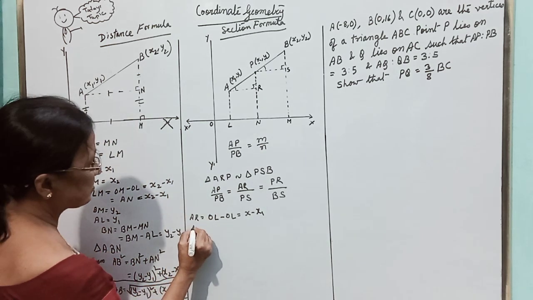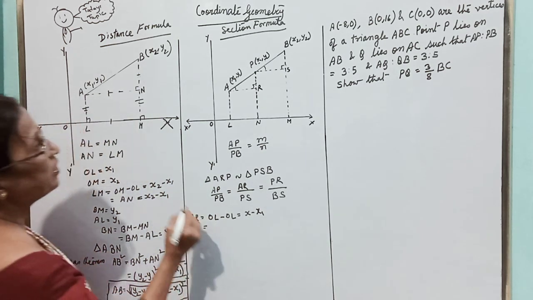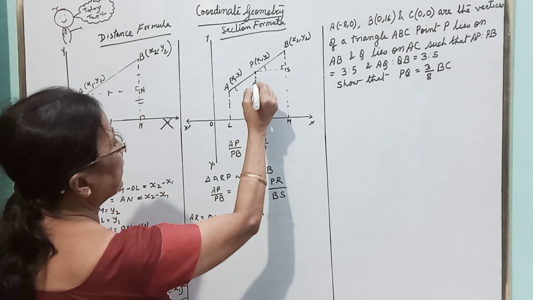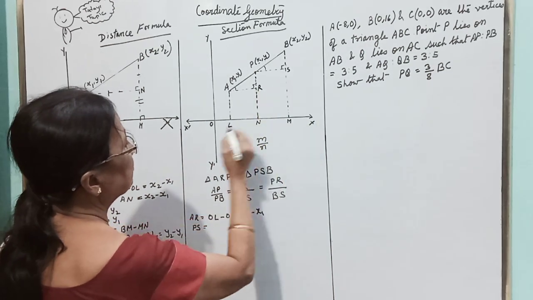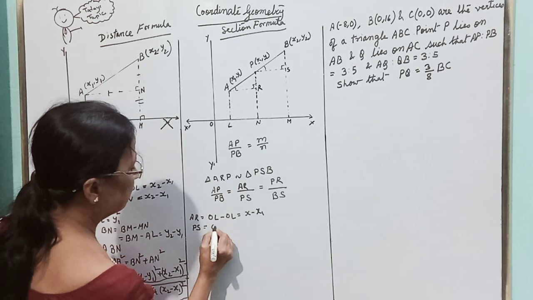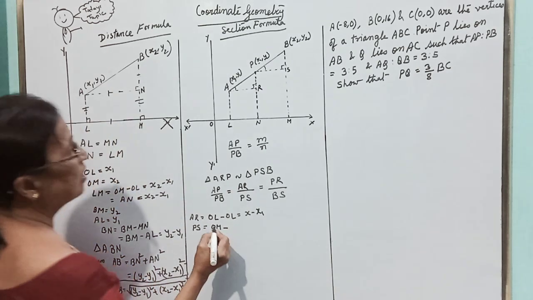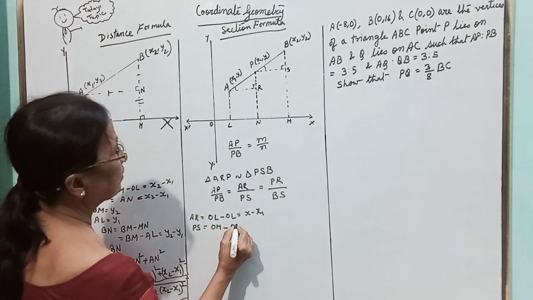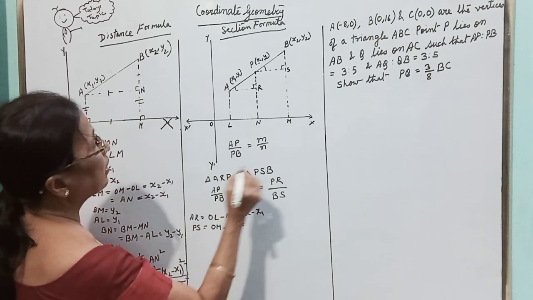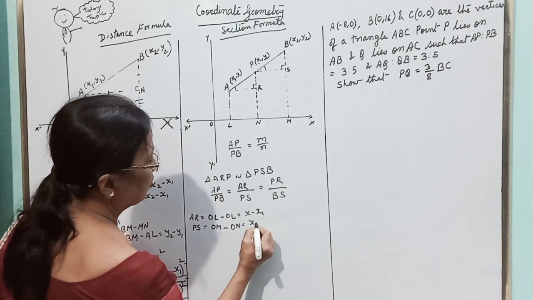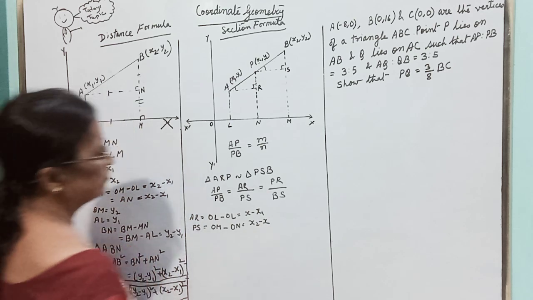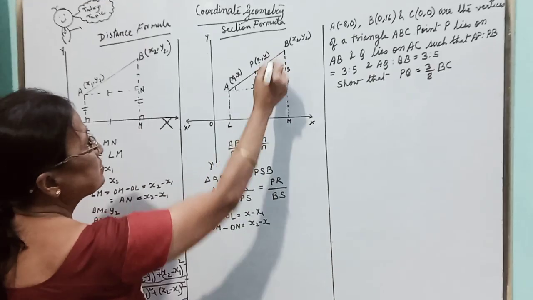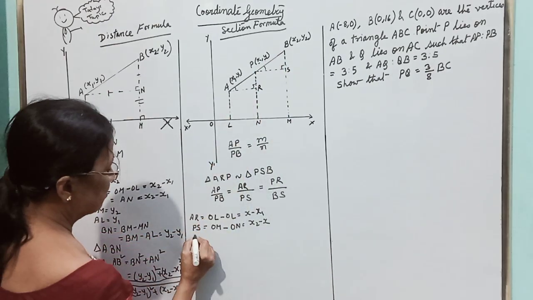What is PS? PS is nothing but OM minus ON. OM is X2, so PS is X2 minus X. What is BS?